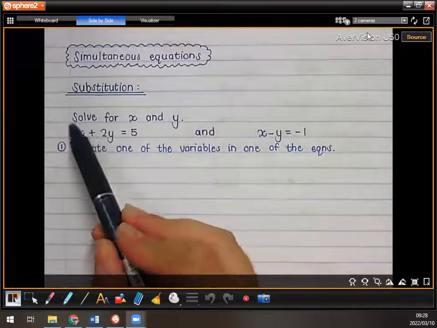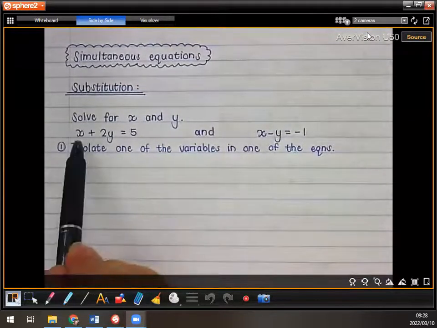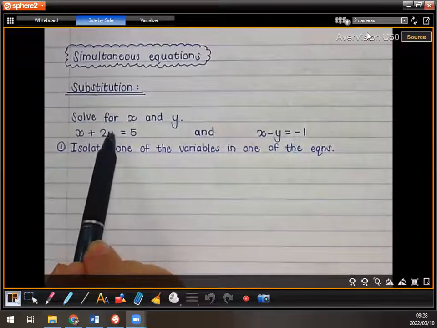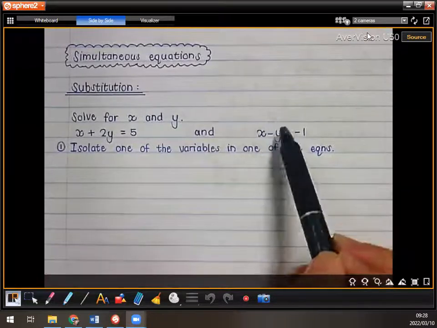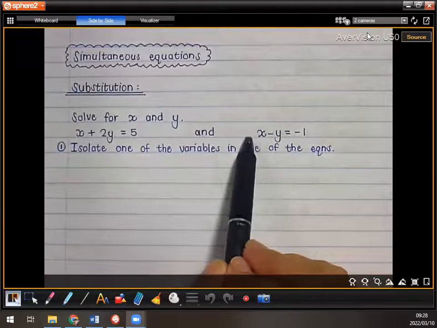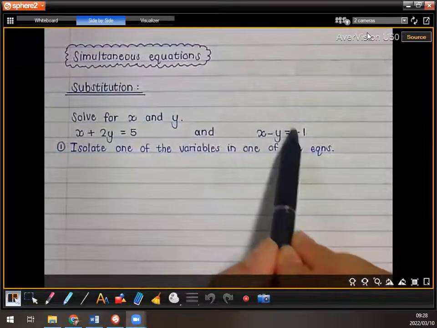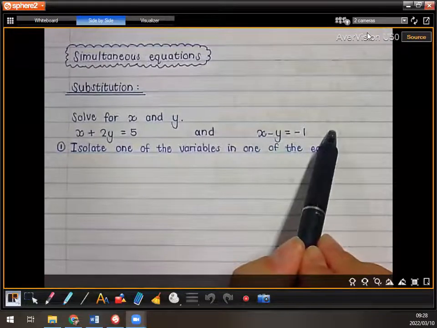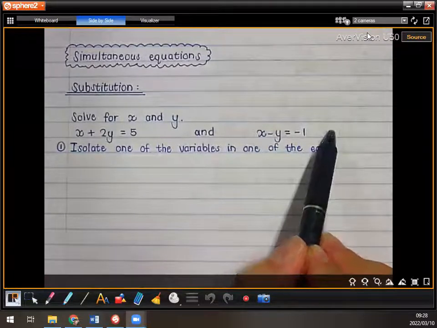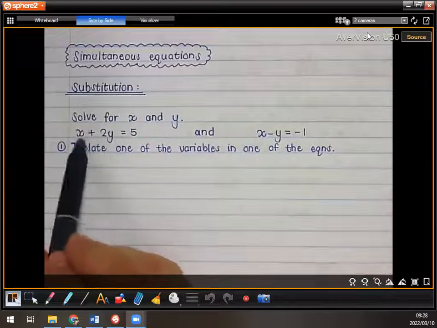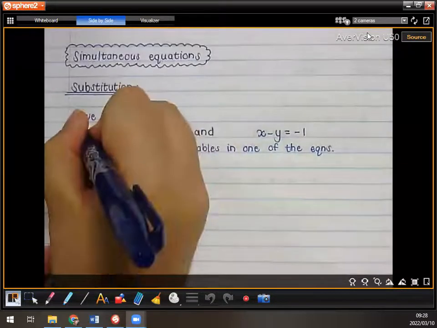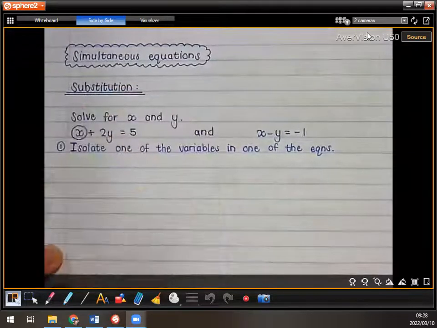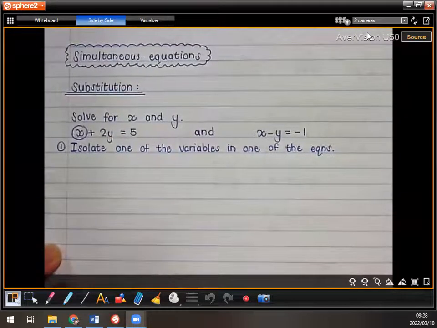You can either make x the subject in the first equation. How will I do that? I just need to move my plus 2y to the other side. Or I can make x the subject here. How would I do that? I need to move my minus y to the other side. All right, I usually start with the first equation just because I like it written out in a certain way, but it's up to you, okay? So I'm going to make x the subject there.